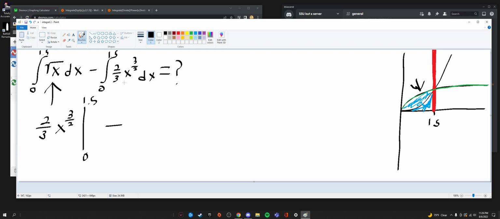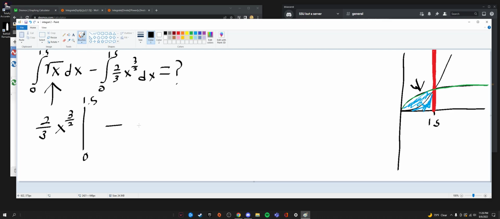Now we have to integrate this one, 2 over 3 x to the 3 halves. In order to integrate that, we use, once again, reverse power rule. So we add 1 to the exponent and then divide by the exponent plus 1.